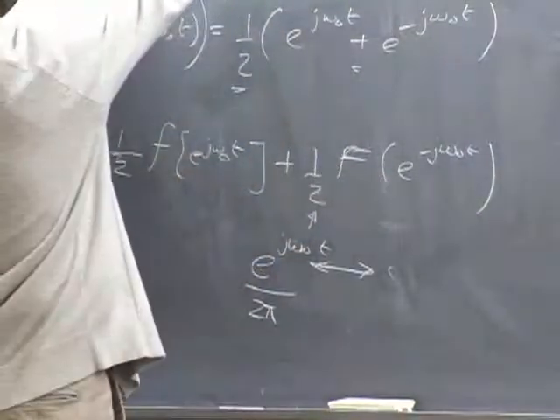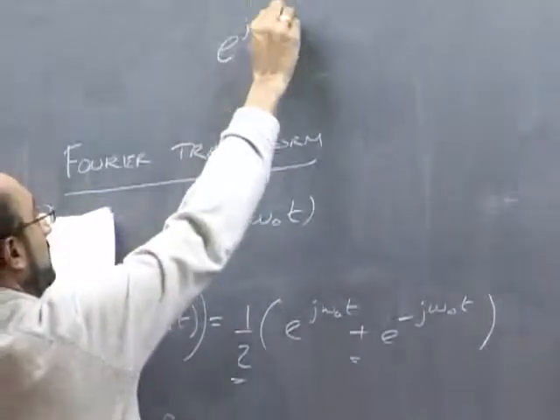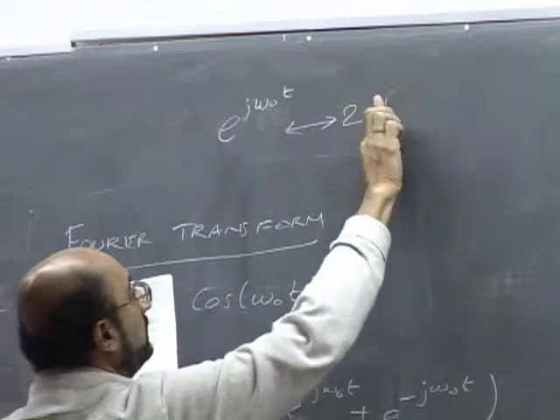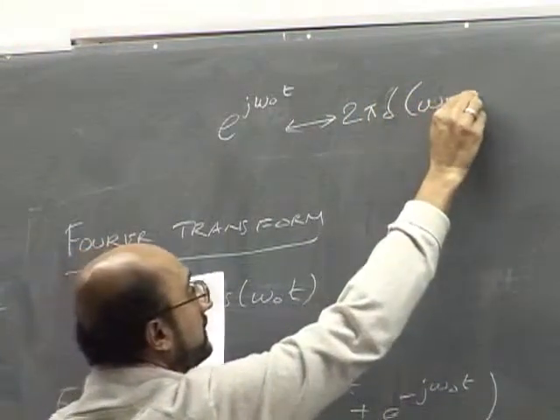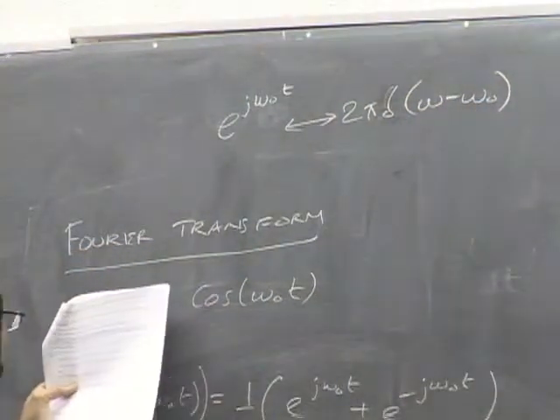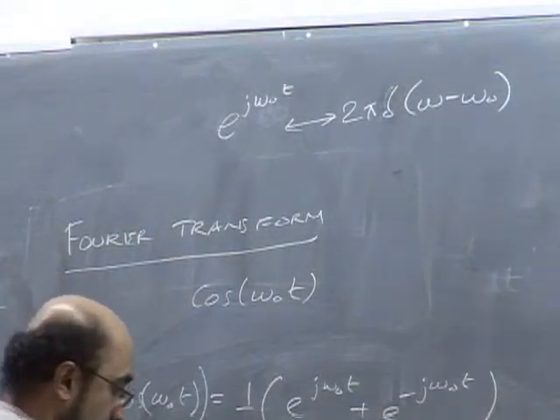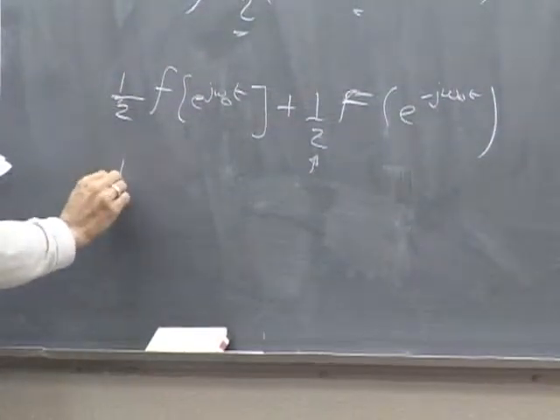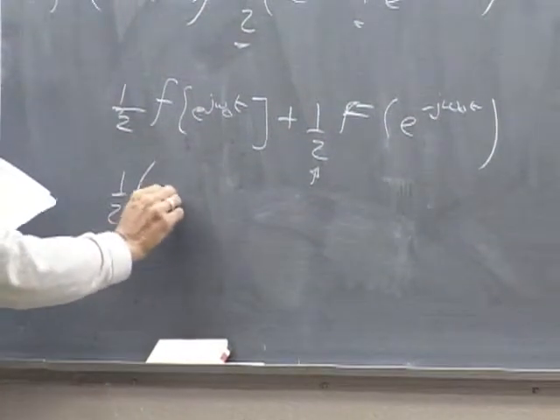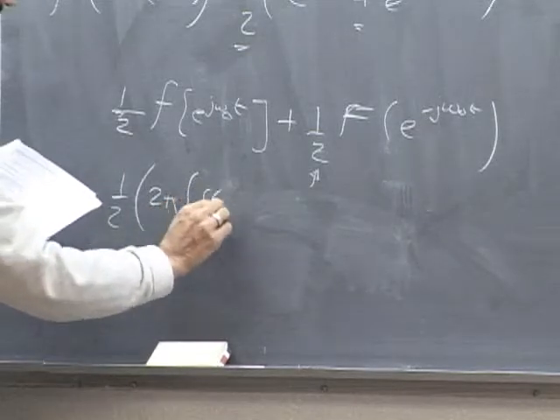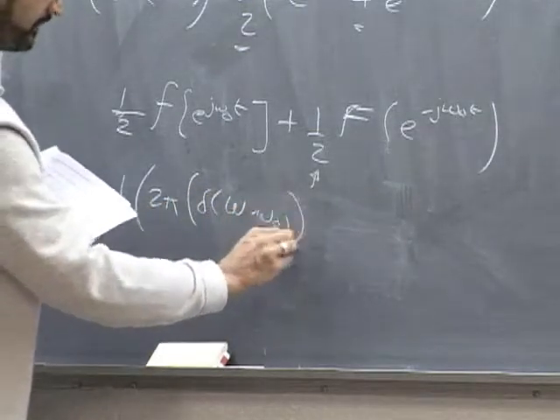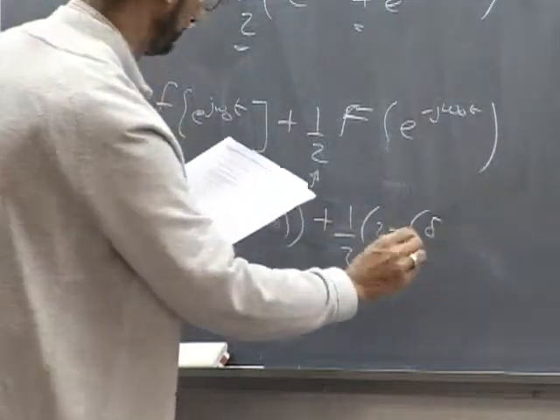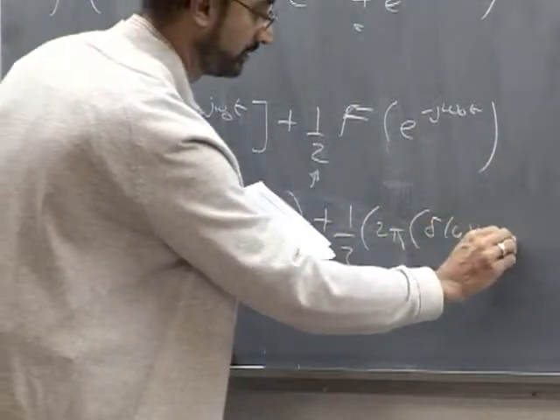So the e to the j omega naught t corresponds to 2 pi delta omega minus omega naught. Okay, so we get from here that this one is going to be half 2 pi delta omega minus omega naught plus half 2 pi delta omega plus omega naught.